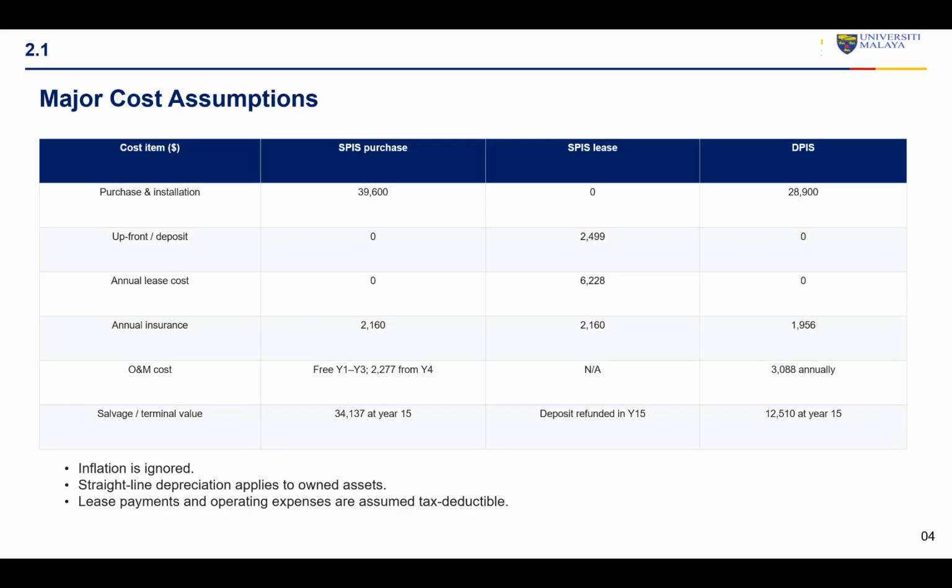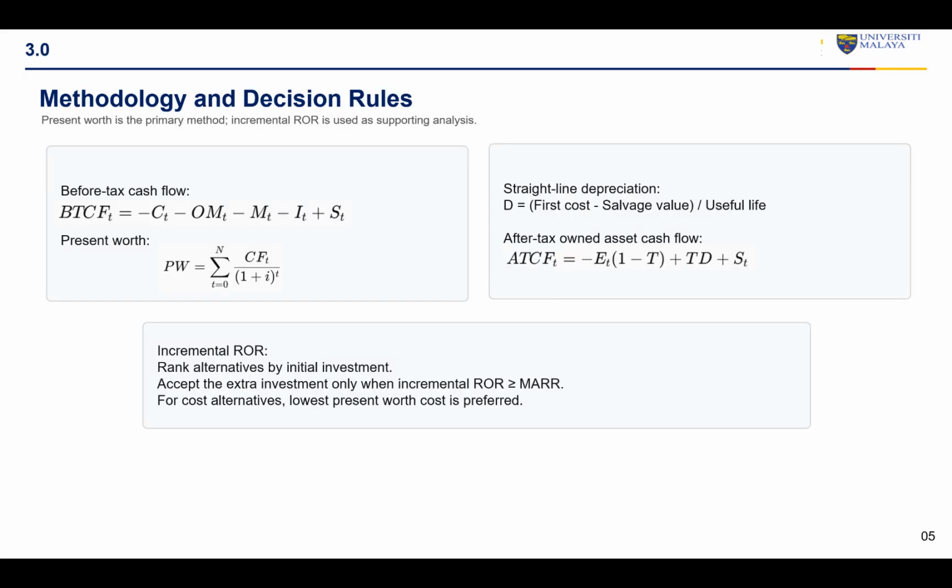Inflation is ignored and all deductible business costs are considered in the after-tax analysis. The before-tax cash flow is calculated by subtracting capital cost, O&M cost, miscellaneous cost, and insurance cost.